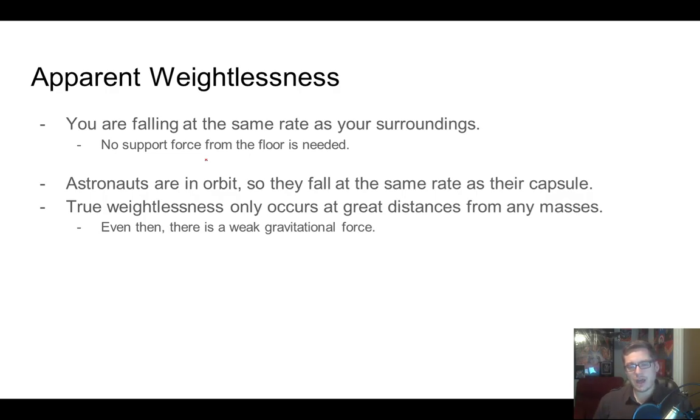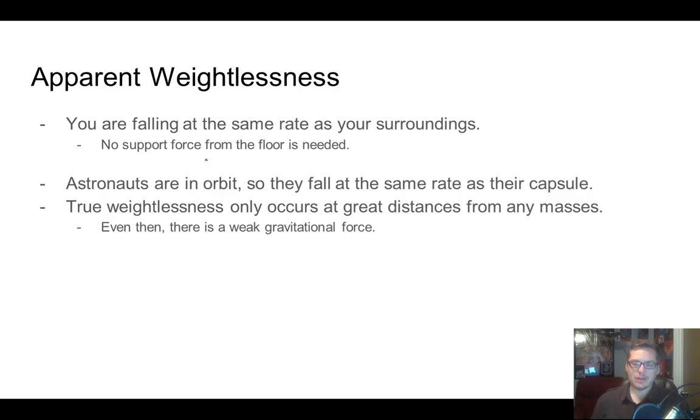And so when you're in a capsule that's doing that, the capsule is also doing that, right? Going around and around. And because you and the capsule, or the astronaut in the capsule, have the same falling rate, they have no normal force in relation to each other, and so therefore that's why astronauts have this apparent weightlessness.